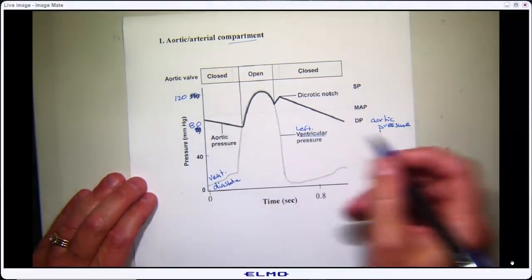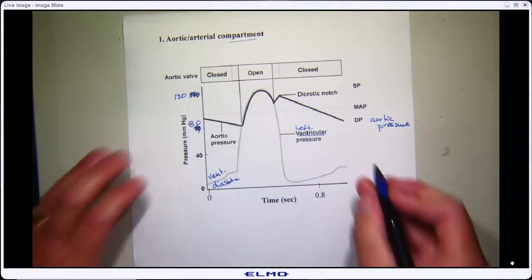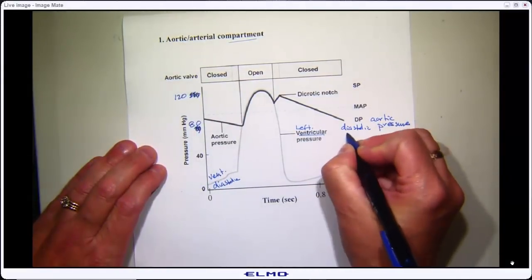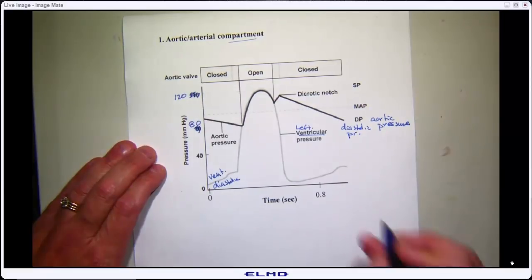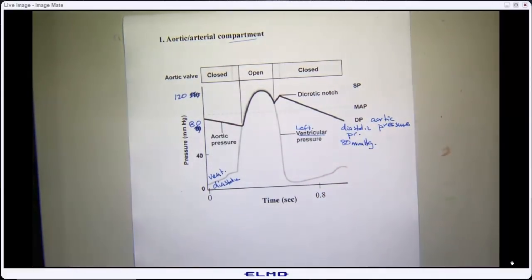Okay, till we get to the pressure right at the end of diastole, right? So we talked about that as diastolic pressure. Okay, and that's going to be 80. We've been talking about that as 80 millimeters of mercury. Okay, so right at the end of the ventricular stage of diastole, we have a pressure of about 80.